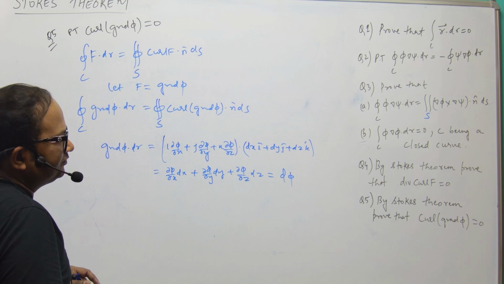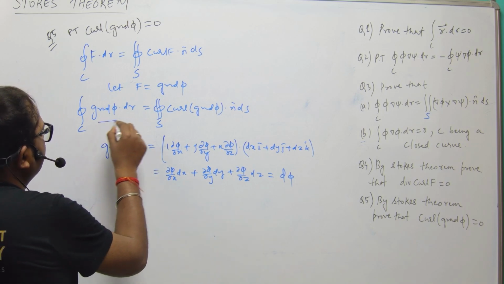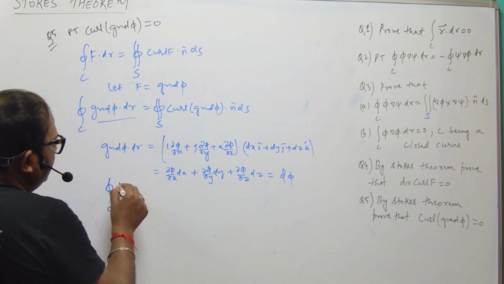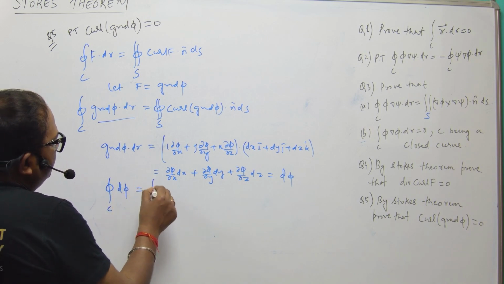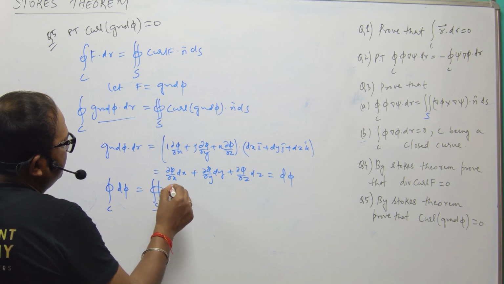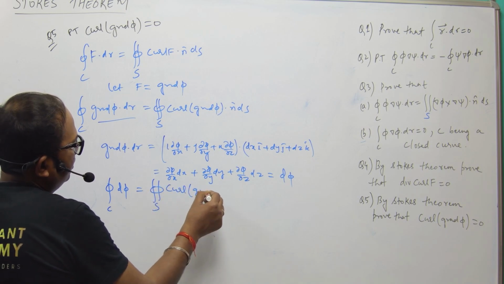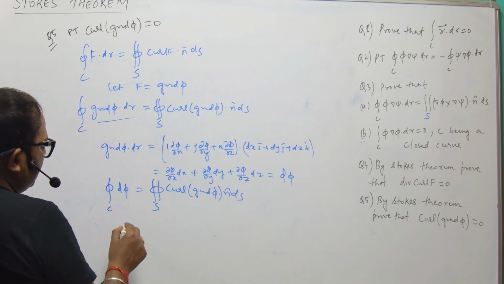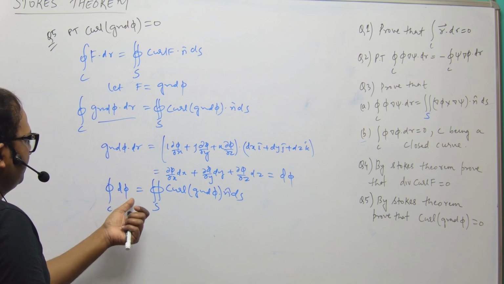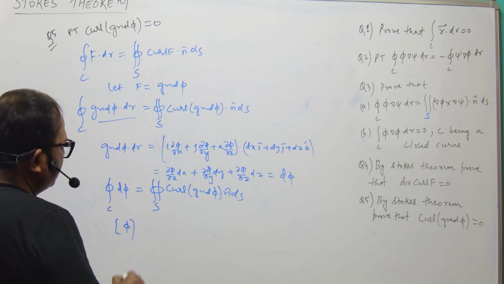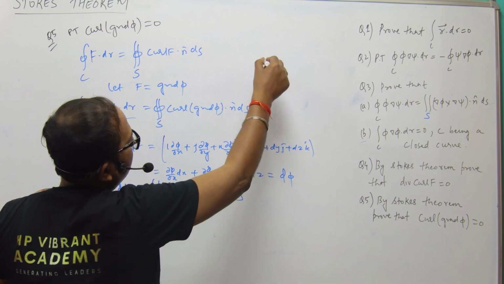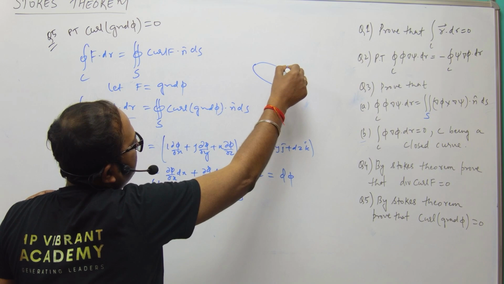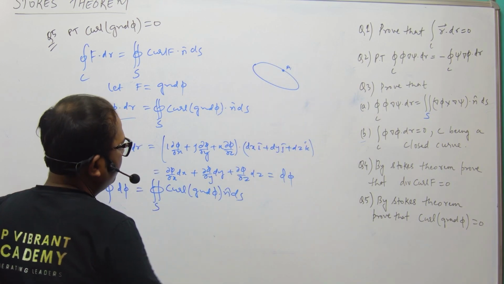So we can write here the integral along the curve C of d phi equal to the surface integral along the surface of curl of gradient of phi dot n cap. The integration of this is phi, and now let us place the limits. Let us take the curve C as a closed curve. Let us take a point A as the starting point, and since it is a closed curve, the starting point and end point are the same.